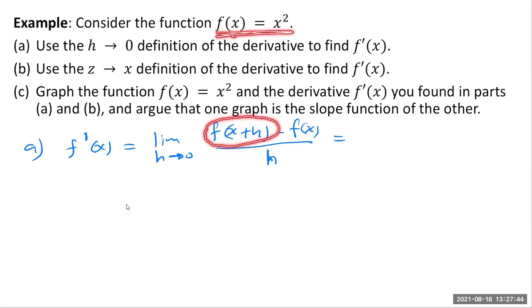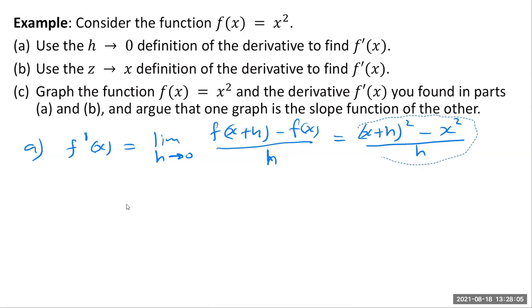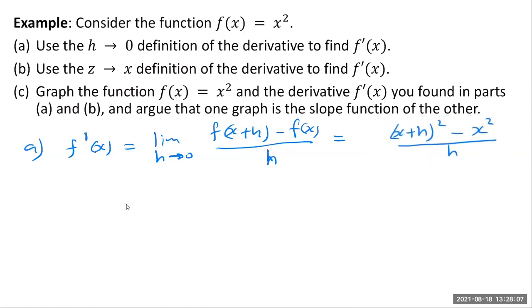How would I find f of x plus h then? You plug in x plus h in this function, right? So then you get x plus h squared minus f of x. What is my f of x? That is x squared, divided by h. By the way, I'm forgetting something very important. What is that? The limit.